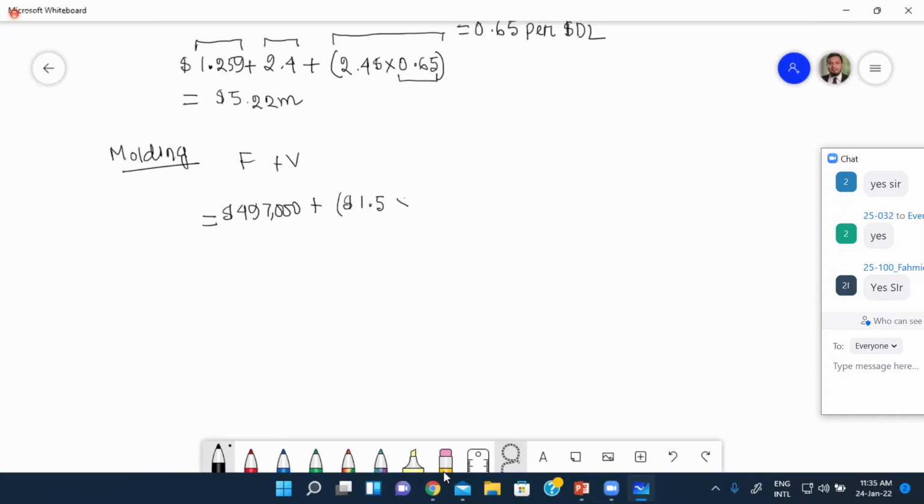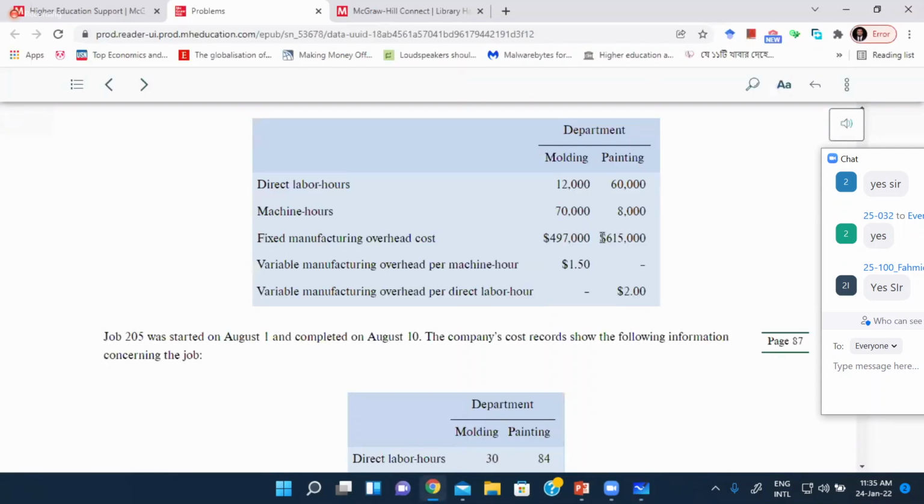It should be multiplied by machine hours or the labor hours? We also have labor hours, 12,000. So why are we taking 70,000 instead of using the 12,000?